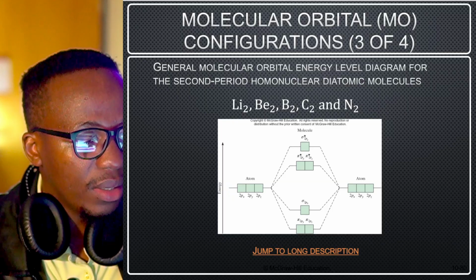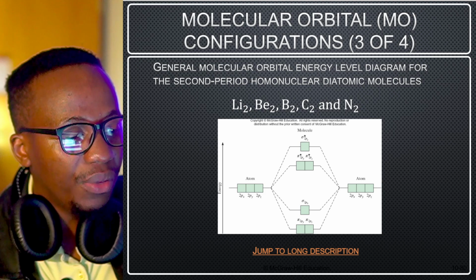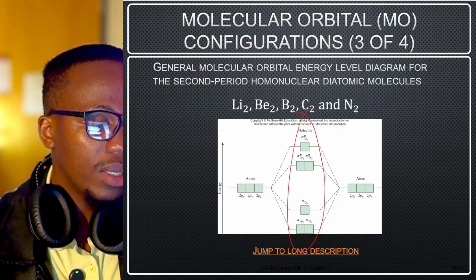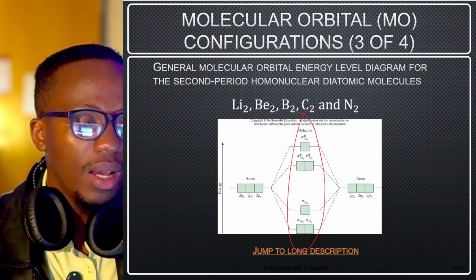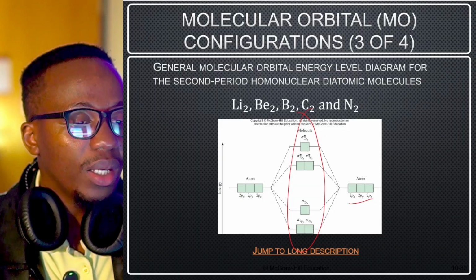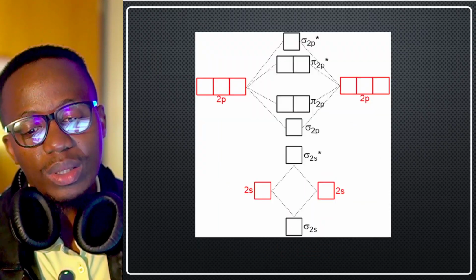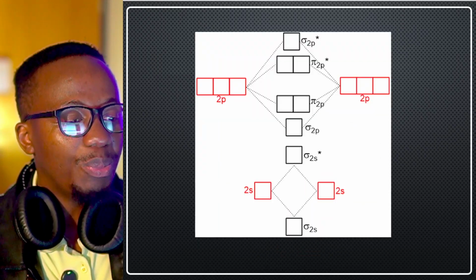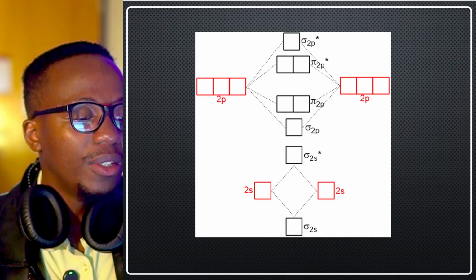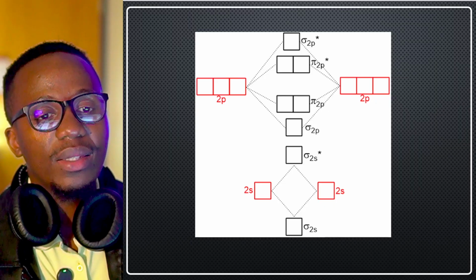So again, I want you to be careful here. The ones in the middle are going to be set up like this, but this one starts at P. I don't like that this one starts at P. Let's go to the one which starts at S and then goes up to P. Because if you have S, they get together.